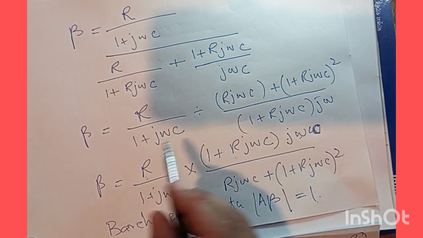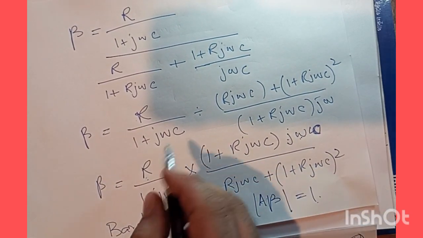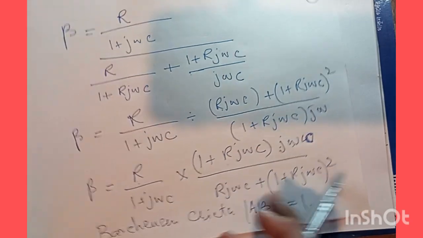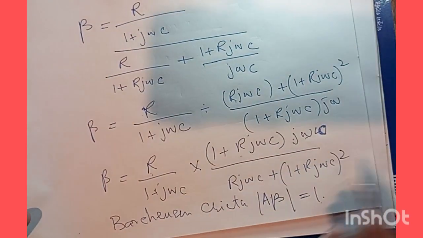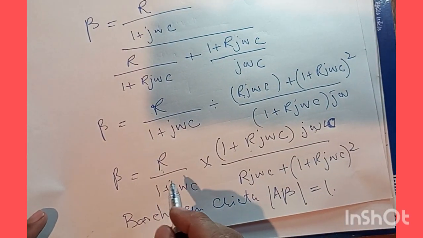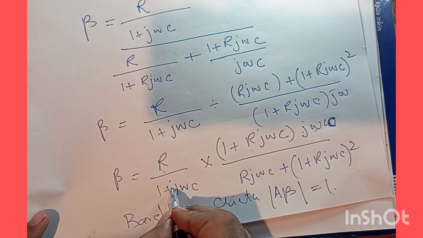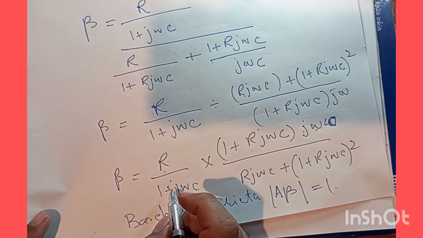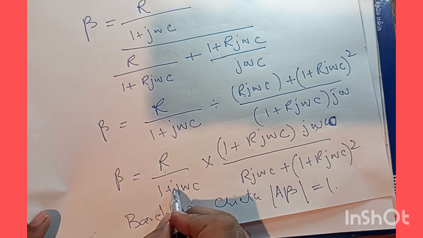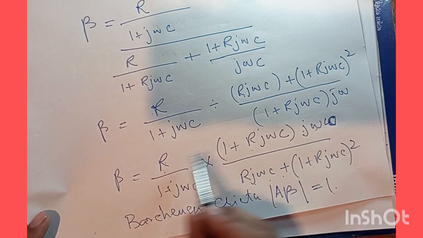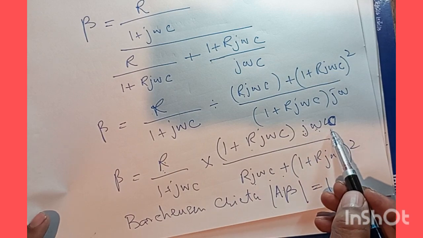Here, I think the mistake seems to be here. So let's go back here. Yeah, here. This should be R. Now this R J omega C is here.